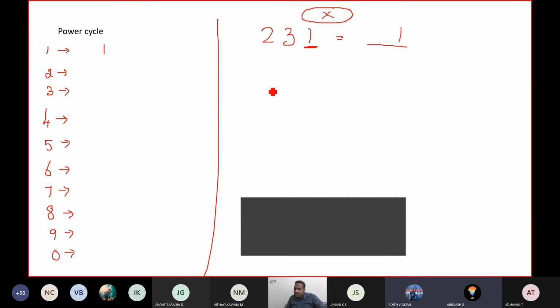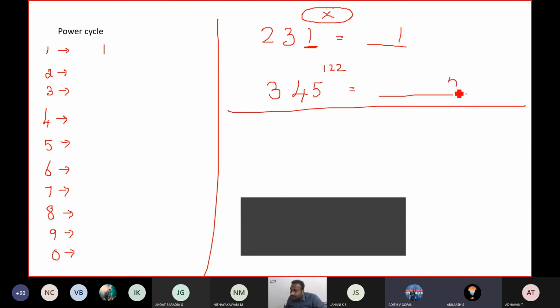My next question is 345 power 122. What will be the last digit? Is it 1? Is it 0, sir? No. Check, 5. It will definitely be 5.